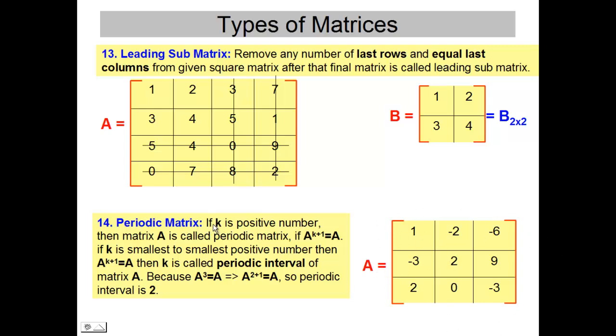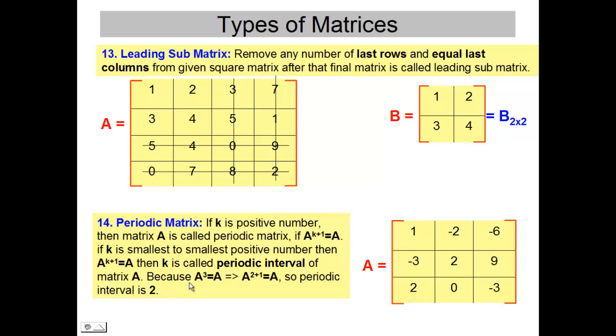If K is a positive number, then matrix A is called a periodic matrix if the power of A to K plus 1 equals A. Here, if K is the smallest positive number for which A to the power of K plus 1 equals A, then K is called the periodic interval of matrix A.